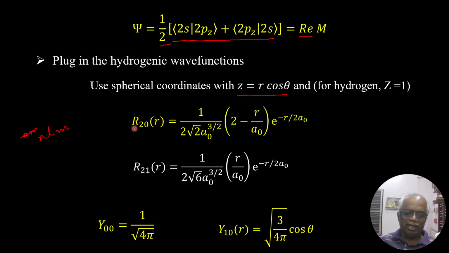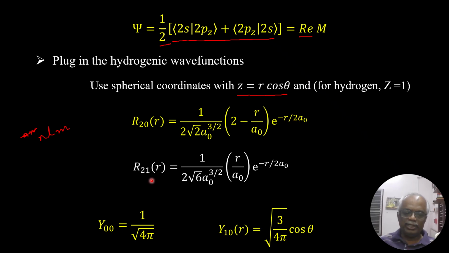R20 of r is equal to 1 over 2 square root 2 a naught, to the power 3 by 2, multiplied by 2 minus r over a naught, multiplied by the exponential e to the power minus r over 2 a naught.